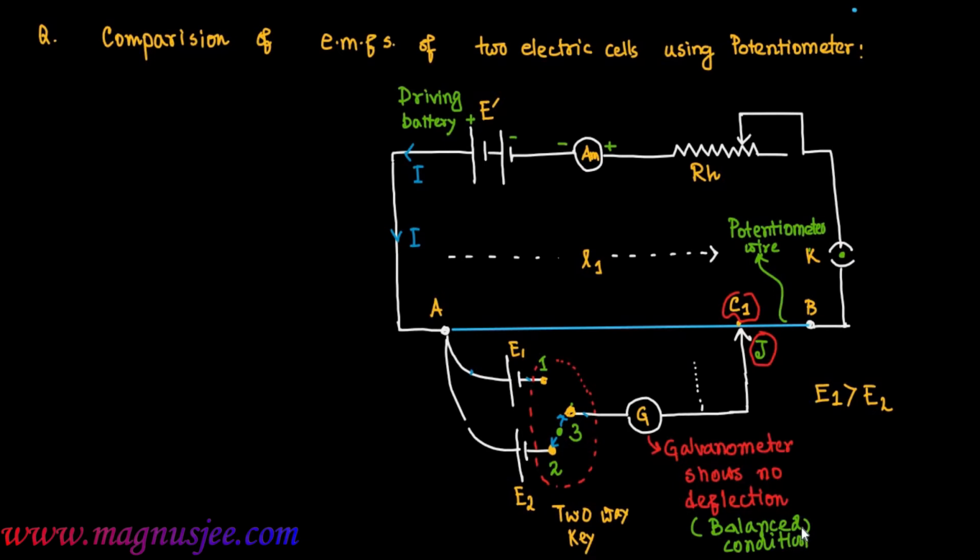In that case, the jockey J will be touched with the point C2 of the potentiometer wire, and the point C2 is at a distance L2 from the terminal A of the potentiometer wire.